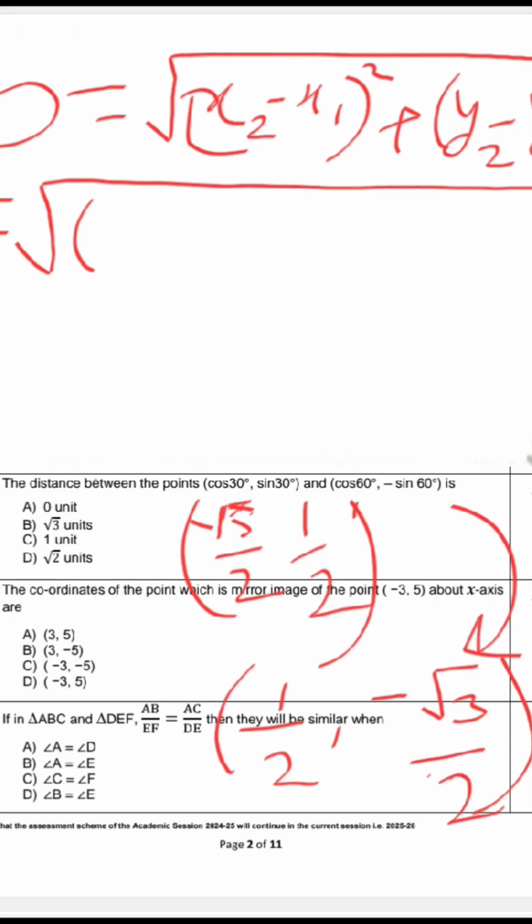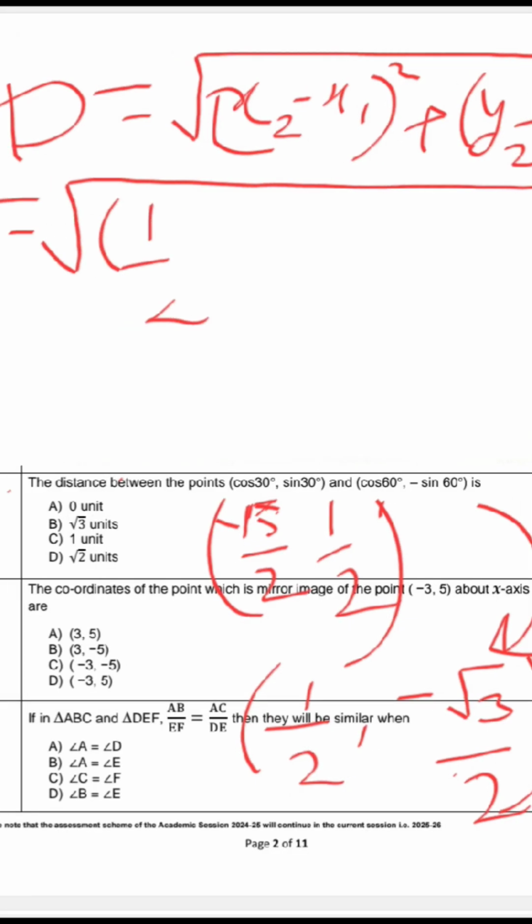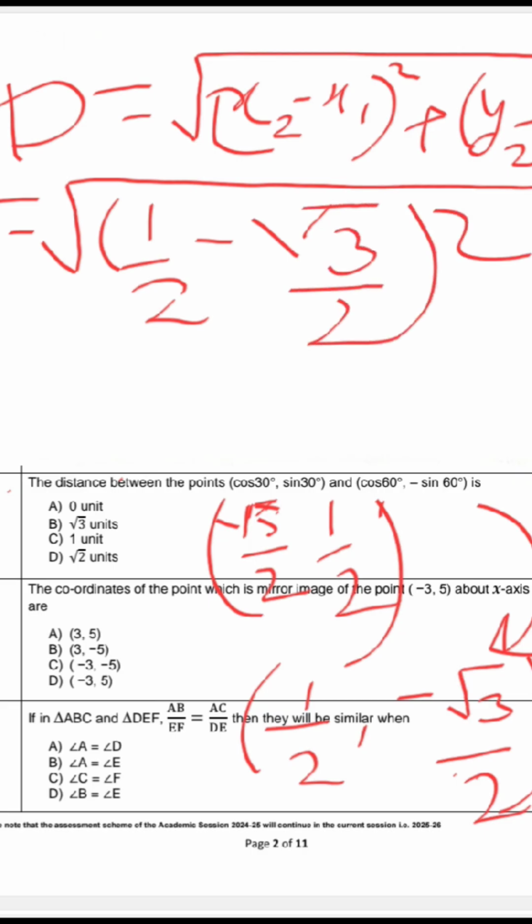Solve this. So x2 here is 1 by 2, 1 by 2 minus root 3 by 2 square.